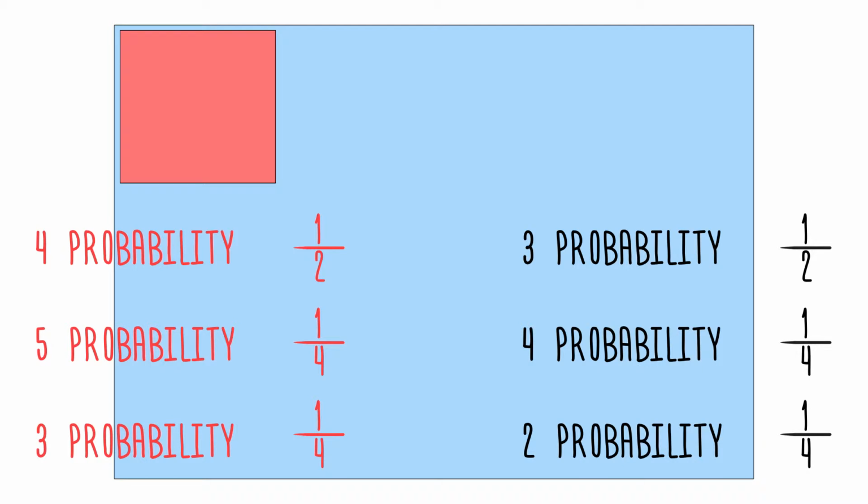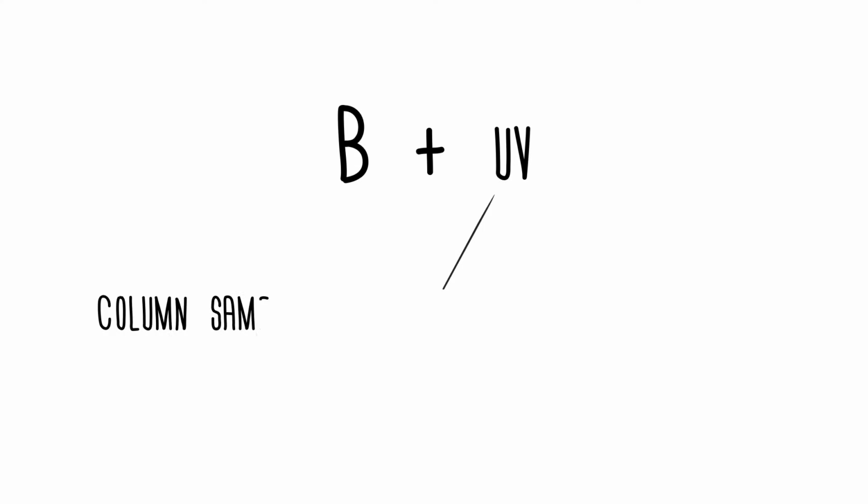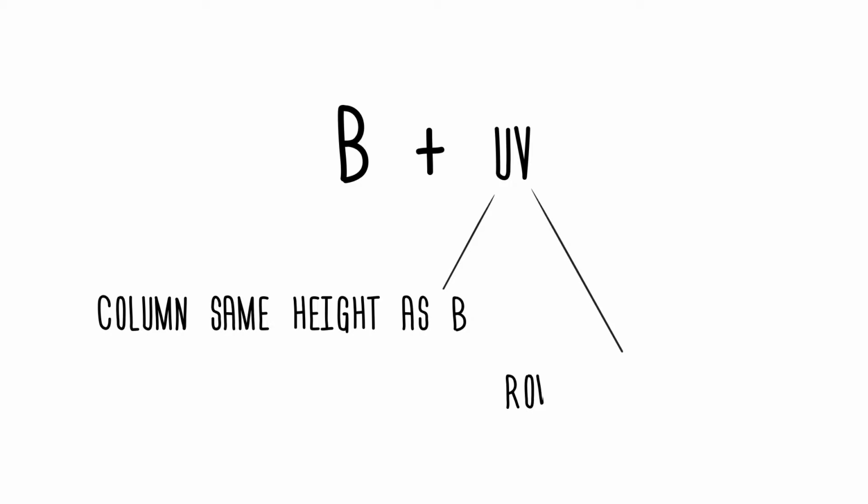If we call B the blue matrix, then we can actually represent the superposition of the blue and the red matrix as the sum B plus U outer V, where U is a column of the same height as B and V is a row of the same width as B. Specifically, U is a column with only zeros and ones where the ones indicate the user is part of the bikers group.